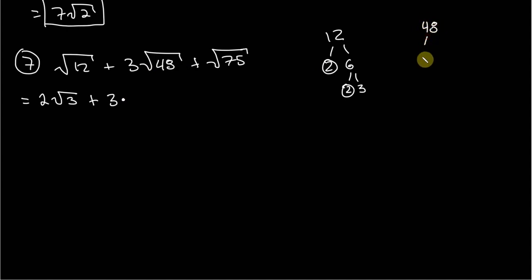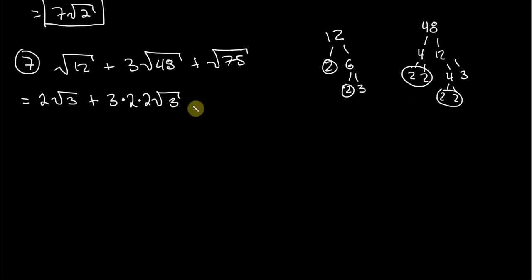This 48 can be 4 and 12, and we know 4 is a perfect square, because it's 2 times 2, so we can factor out a 2. As for this 12, that's 4 and 3, and this again is a perfect square, so we can factor out another 2. So it's going to be 3 times 2 times 2 root 3, principal root.